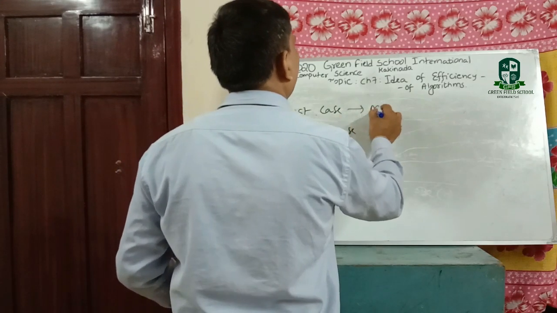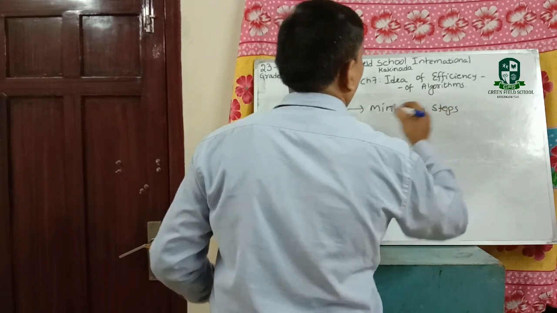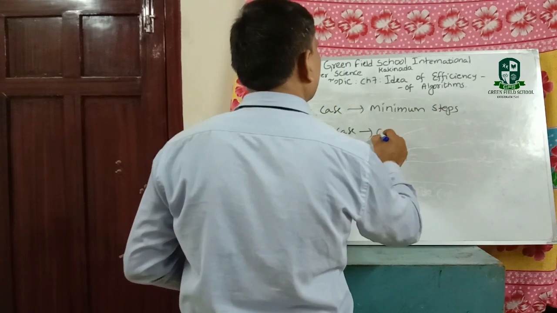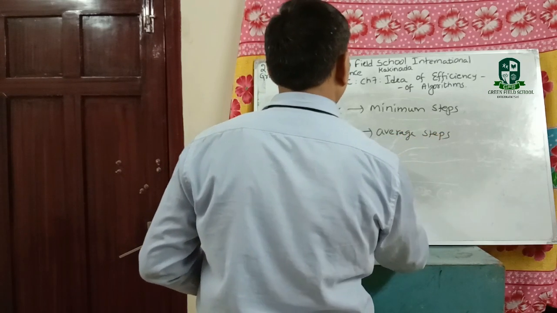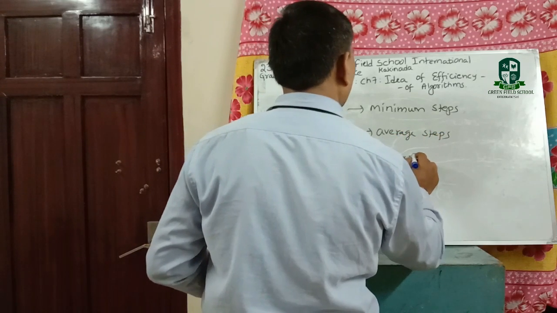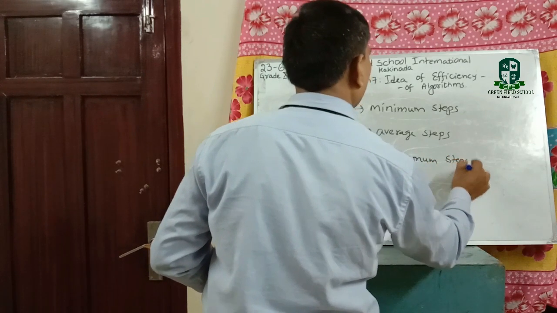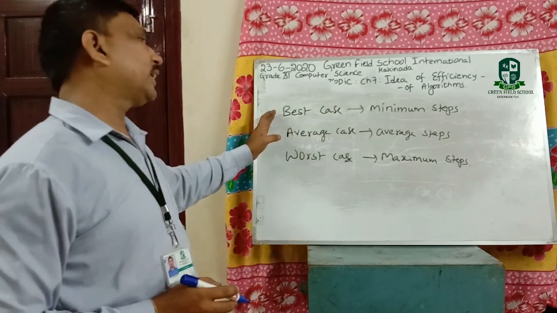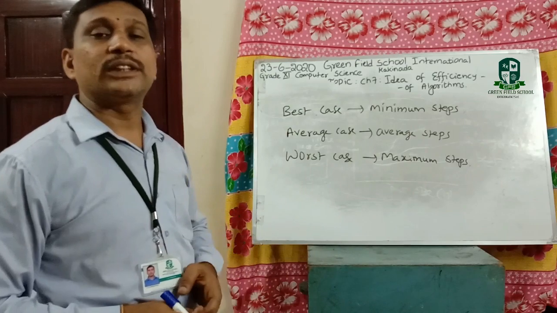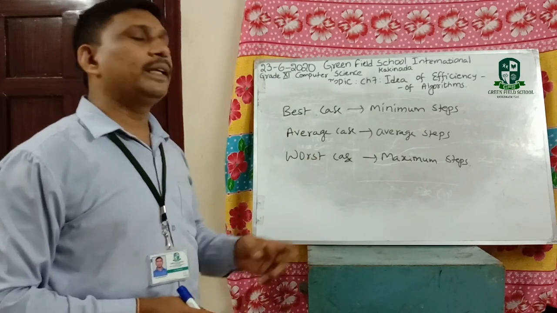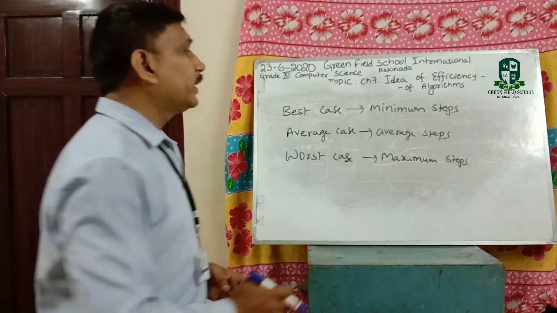Best case means minimum steps, average case means average steps, and worst case means the maximum number of steps we consider to solve a particular input size.